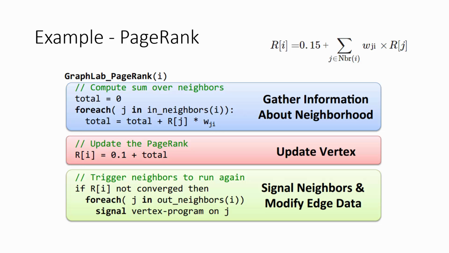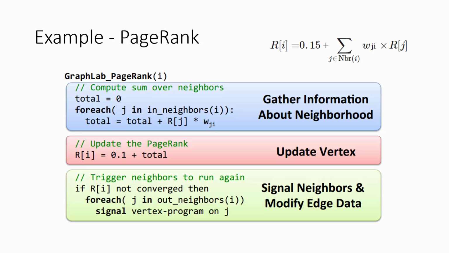So if R of i has changed between iterations significantly enough, then for every neighbor of that particular vertex, we scatter a message saying that, hey, this rank has changed, so you also probably need to recompute your rank. This completes one iteration of the gather, apply, and scatter program on a vertex.